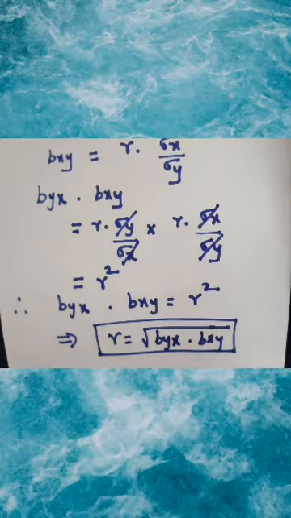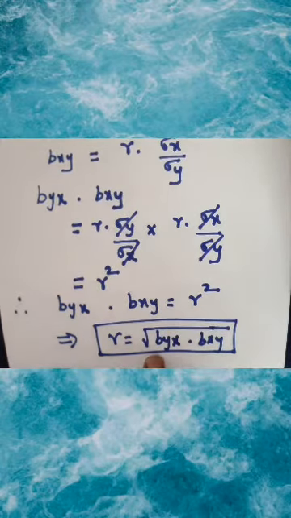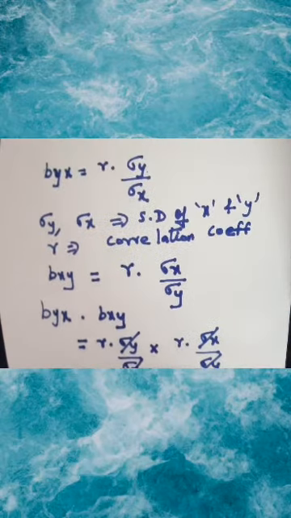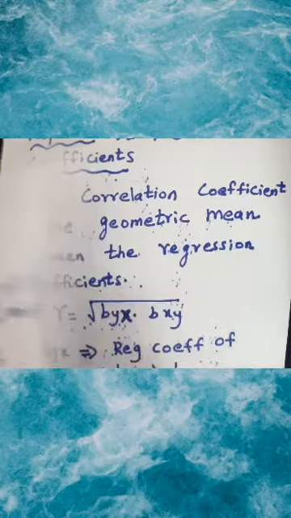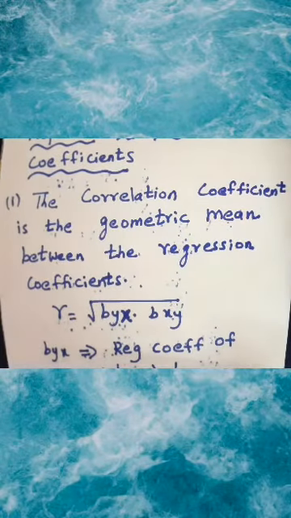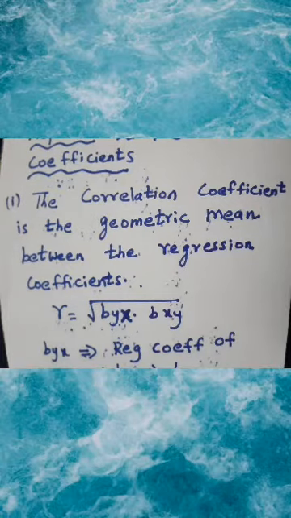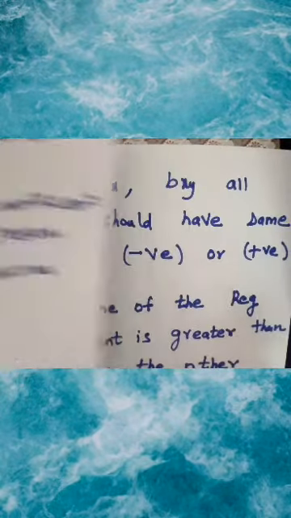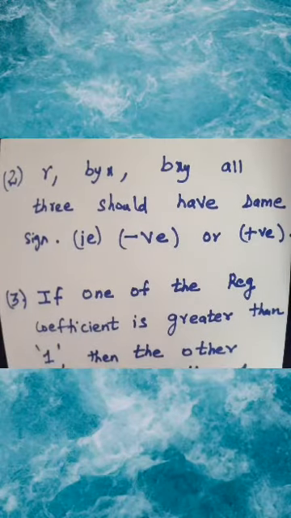This is how they arrived at the result. In general, you can say the correlation coefficient is the geometric mean between the regression coefficients. Understood, students?